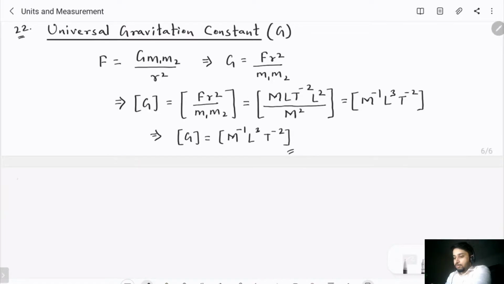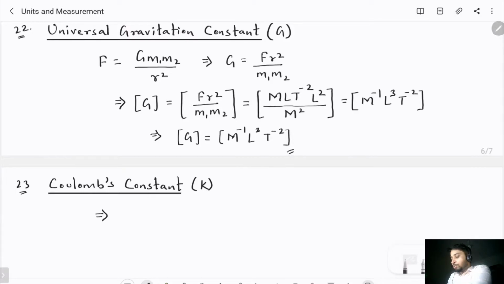So we have something called Coulomb's law, from there we can find it. Coulomb's constant is represented by K.